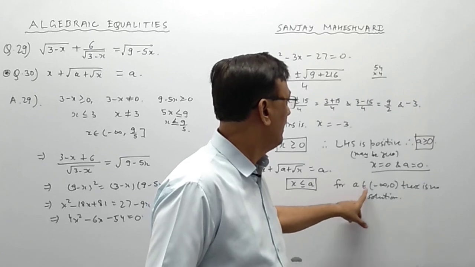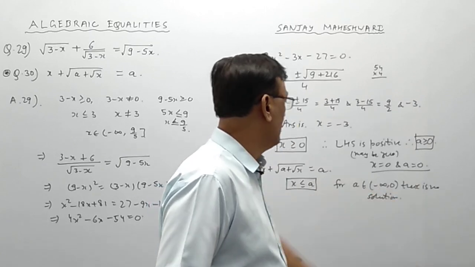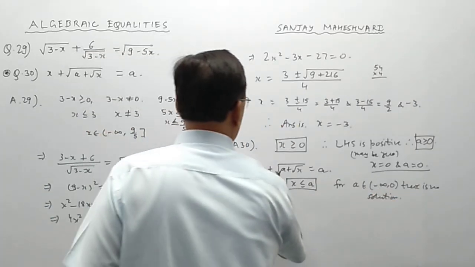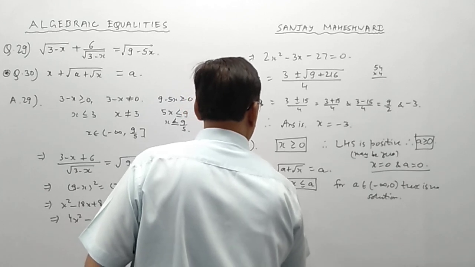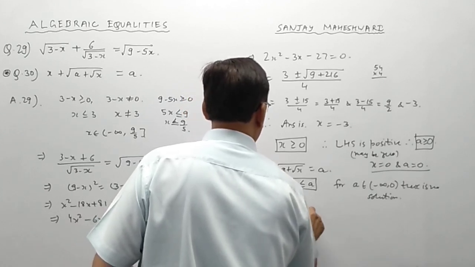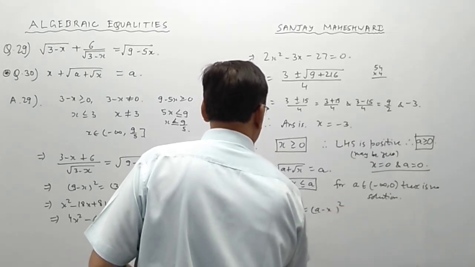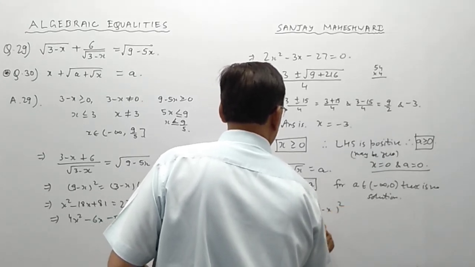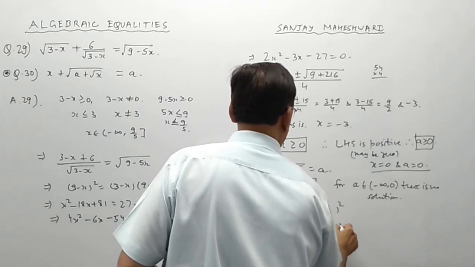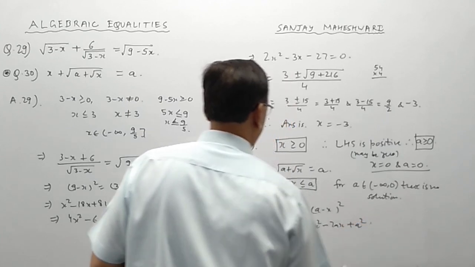Now we will square it. a plus root x equals a minus x whole square? Precisely: a plus root x is equal to a minus x whole square. So we get a plus root x equal to x square minus 2ax plus a square.